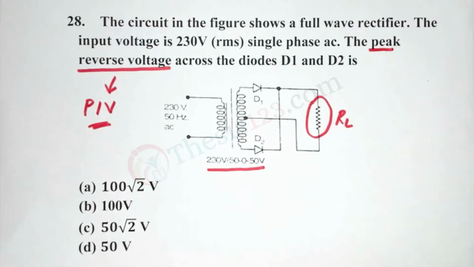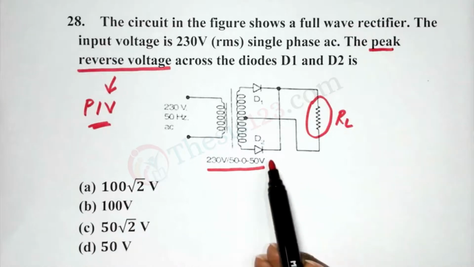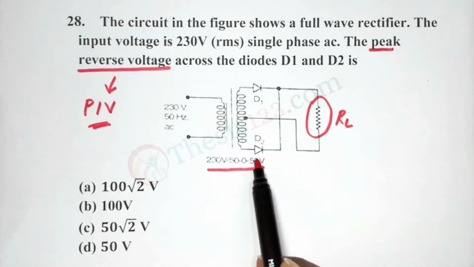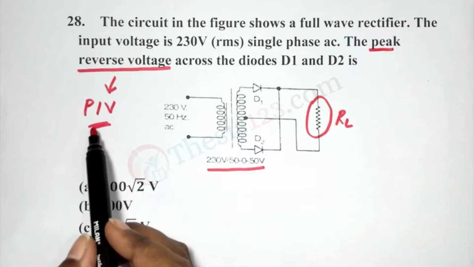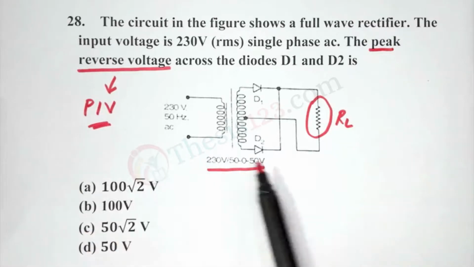So now the voltage across the non-conducting diode D2, this is in reverse bias. So PIV is the maximum voltage across the non-conducting diode in reverse bias.